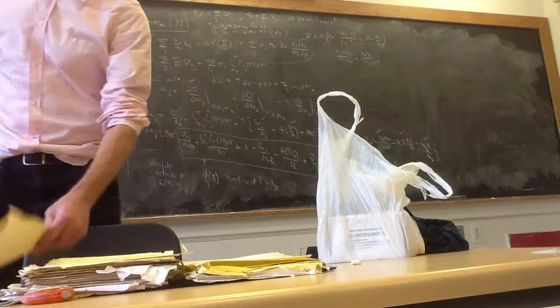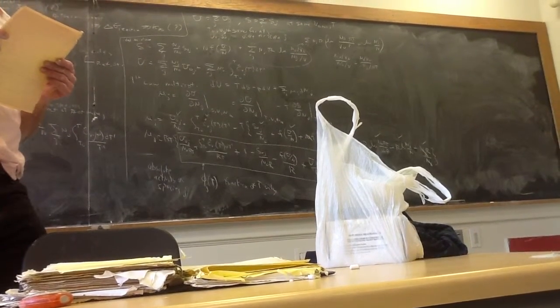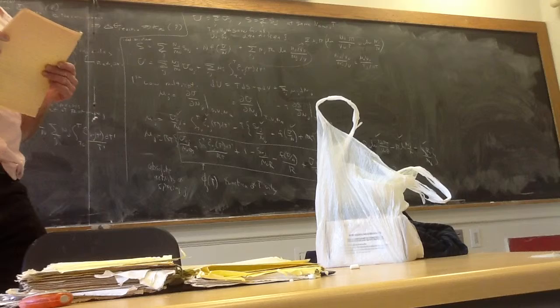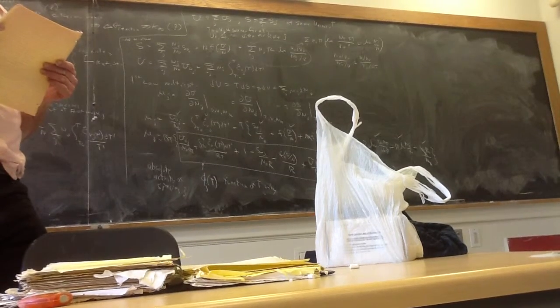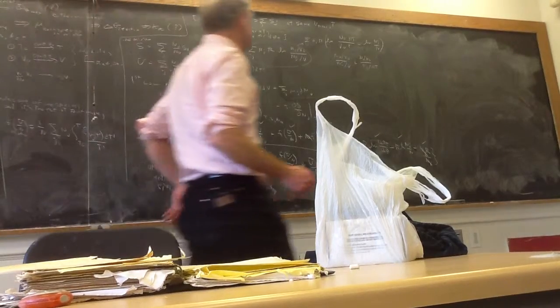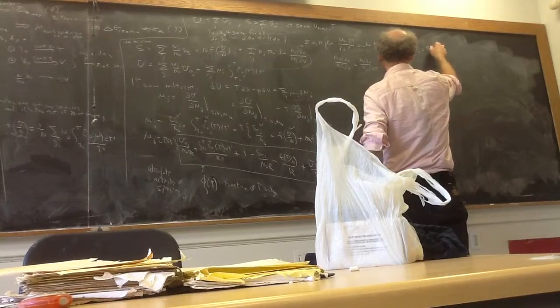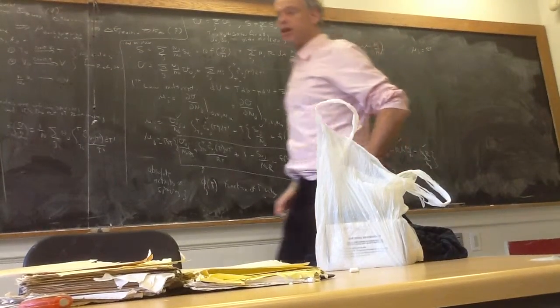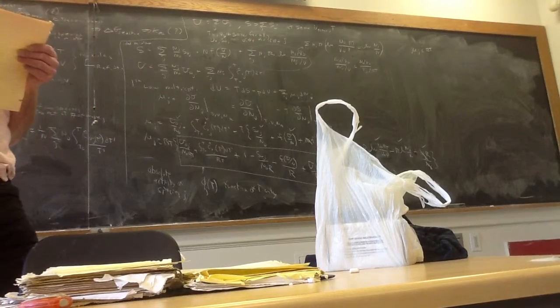Now, I should be careful. I have to see if I want to put the RT in there. So this tells me that uj is equal to RT, and is that phi j or the log of phi j? Depending on how I want to define it.